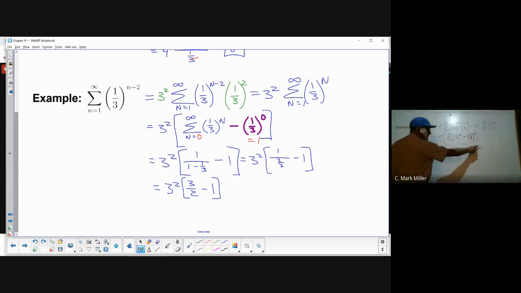Right? 1 over 2/3 is 3/2. 3/2 minus 1 is 1/2.